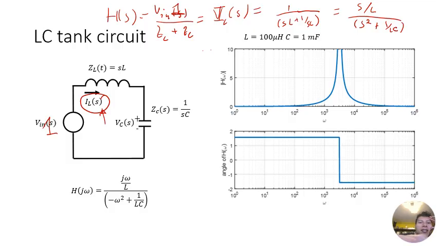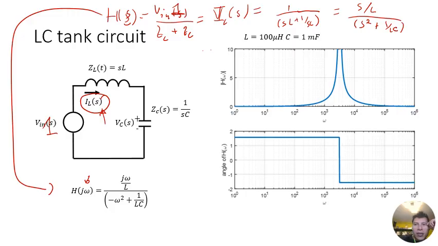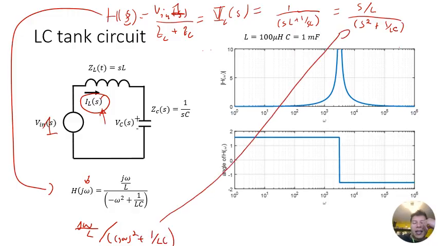So now that we know H of S, we can find the frequency response by plugging in j omega for S. We're going to get j omega over L divided by j omega squared plus 1 over LC. So all I did was plug in j omega for S in this expression.